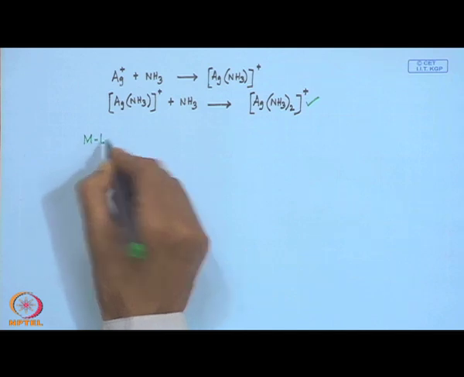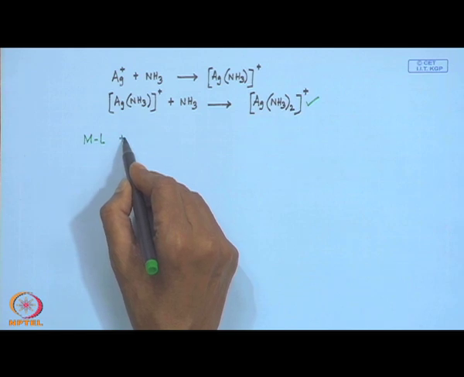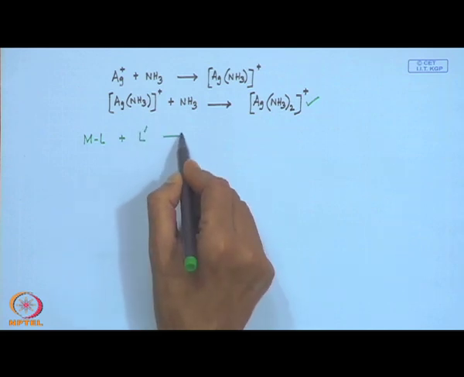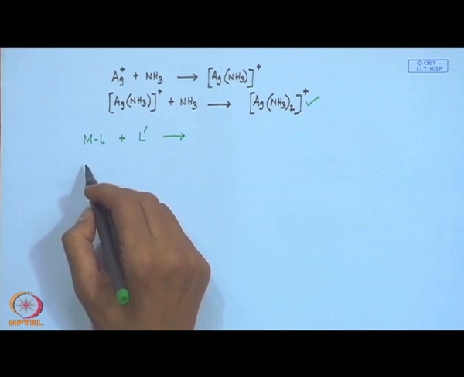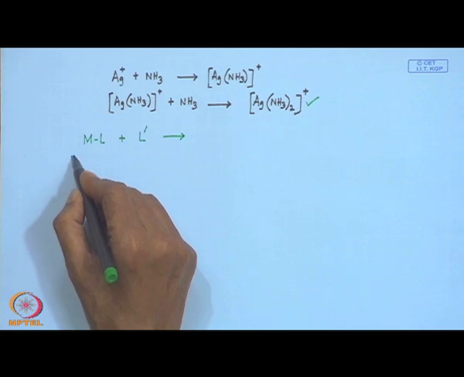So, if we already have the metal ligand species, we can talk about further binding of any other ligand species, that means L prime or a similar thing, and these sorts of things are also possible in some protein envelope.